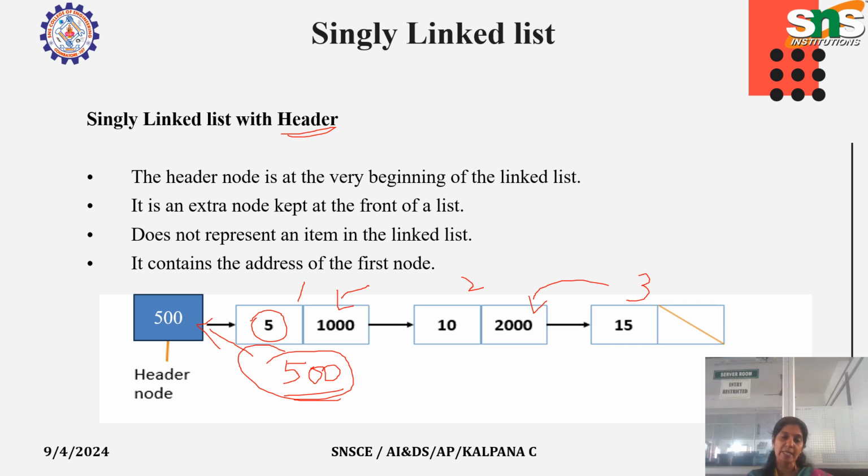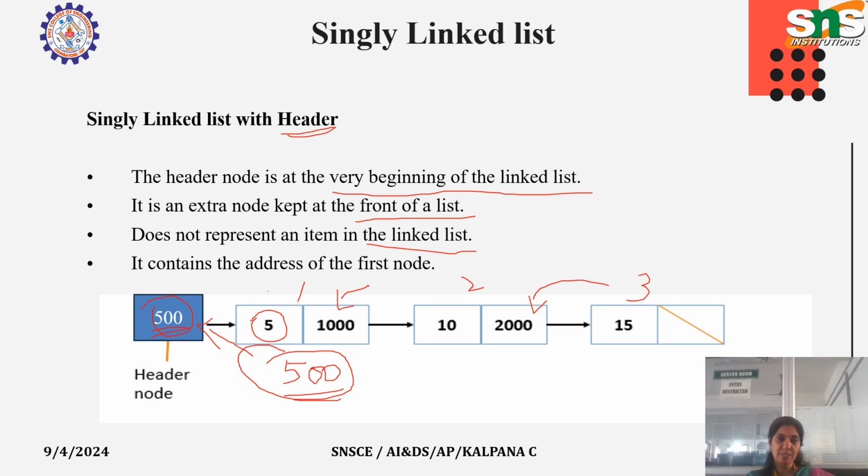The header node usually contains the address of the first node of the list. It is an extra node kept at the front of a list, so it does not represent an item in the linked list, whereas it has only the address of the first node. This 500 is not the data value, it is the address of the first node.